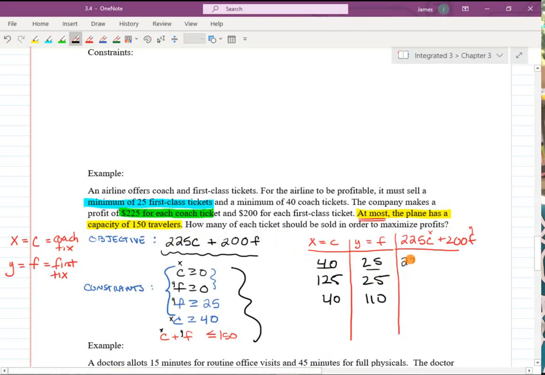So it'd be 225 times 40 plus 200 times 25. And then we'll do 225 times 125 plus 200 times 25.